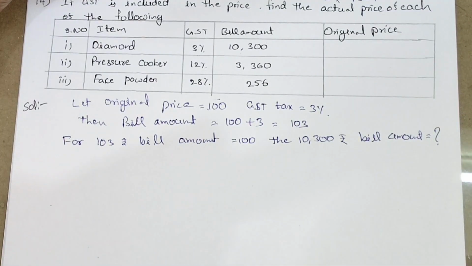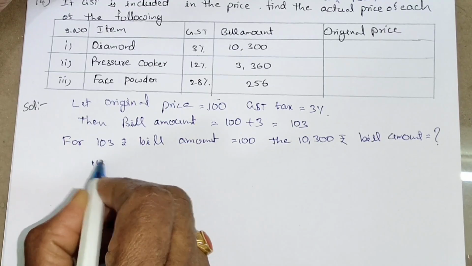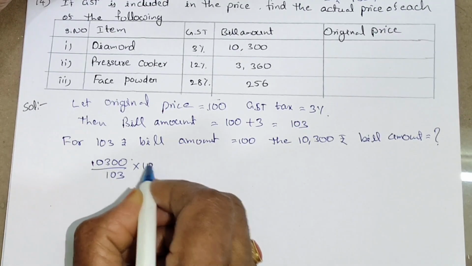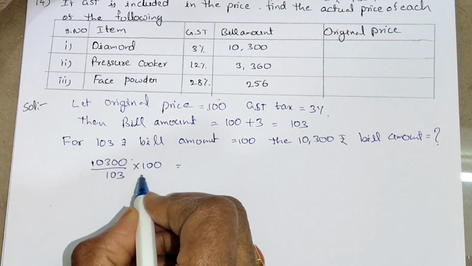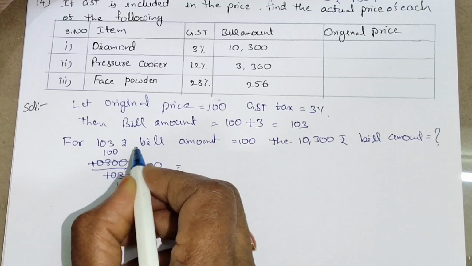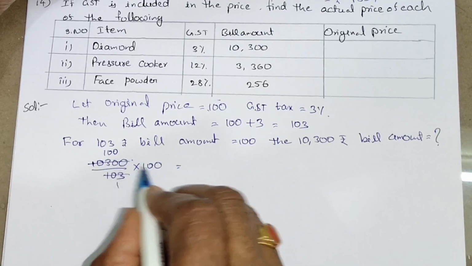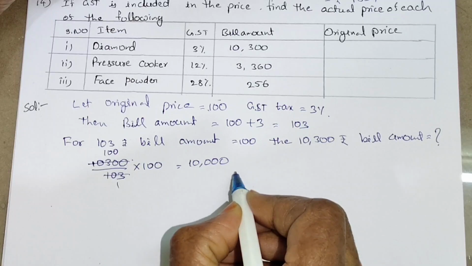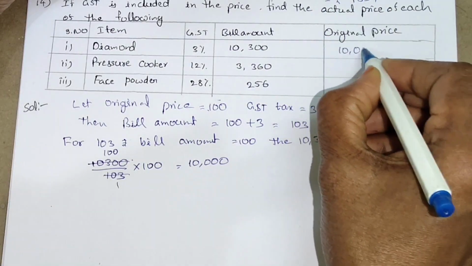We calculate 10,300 by 103 into 100. 103 ones are 103, 103 hundreds are 10,300. So 100 into 100, 10,000 is the final amount. Here the original price is 10,000.